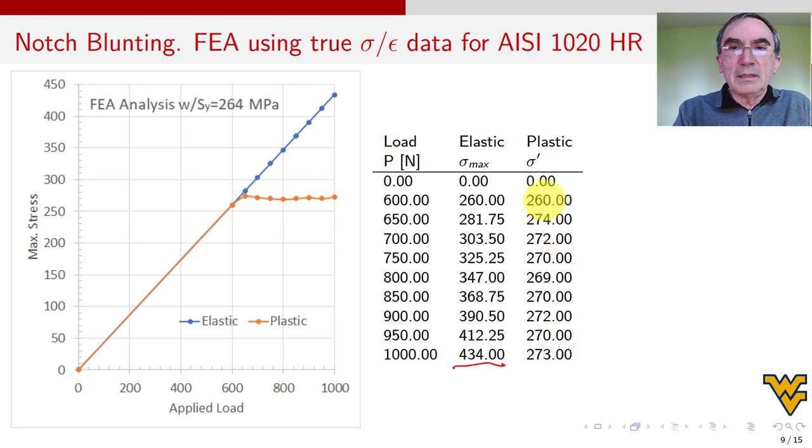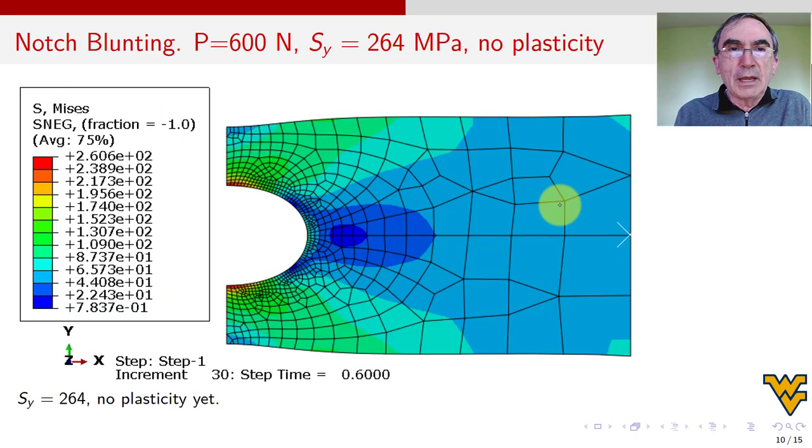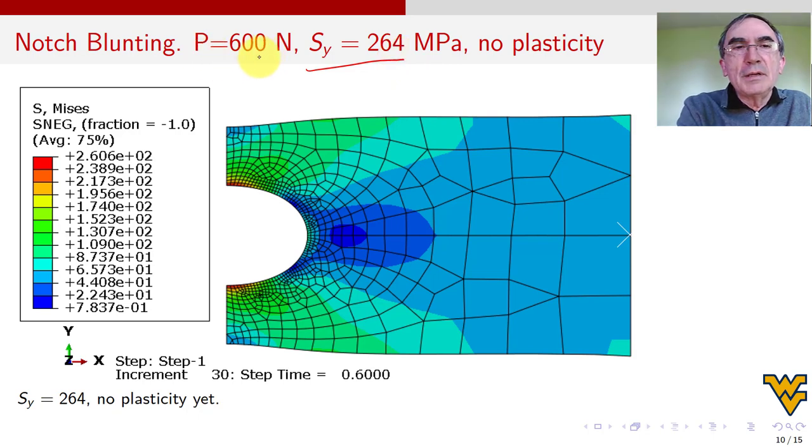And the yield strength for this material, I think, is 267, something like that. We'll see immediately, okay? So here we go. Oh, okay, it's 264. Yield strength is 264. So you see, I went to 260 with a load that I put on purpose, 600, because 600 takes me to 260. You see there? 260, right there.